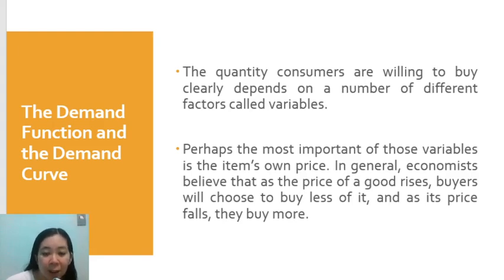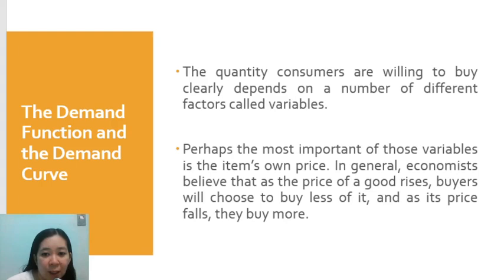So in our previous discussion, you've learned the different factors that affect their willingness and ability to purchase. So the most important variable of the demand is, of course, the price, because as mentioned earlier, this is the first thing that consumers actually see when making decisions.